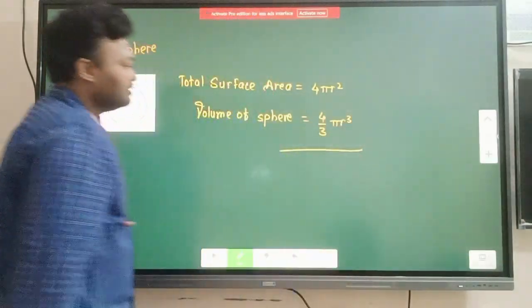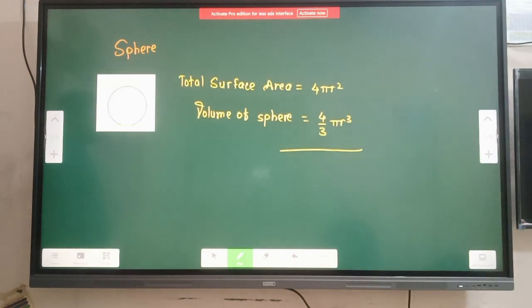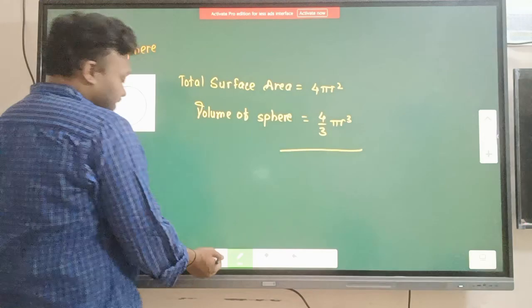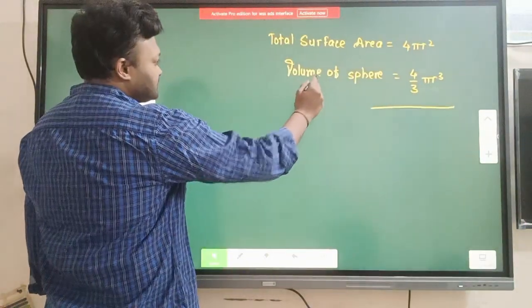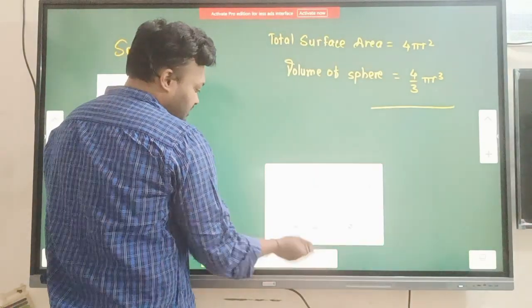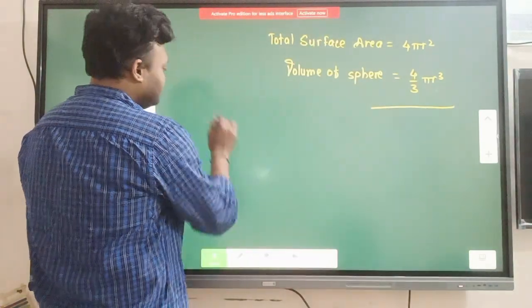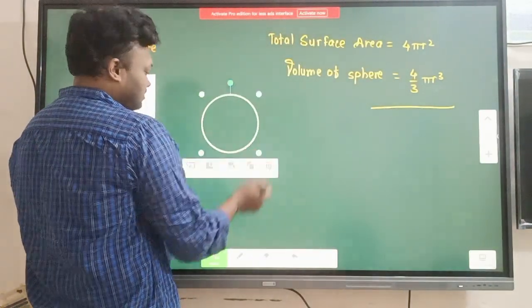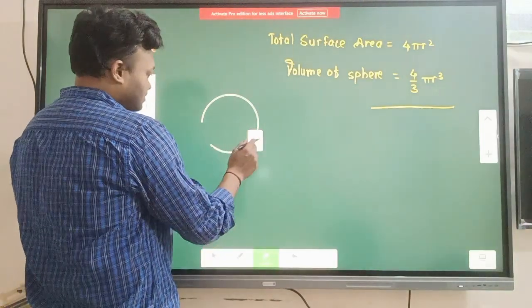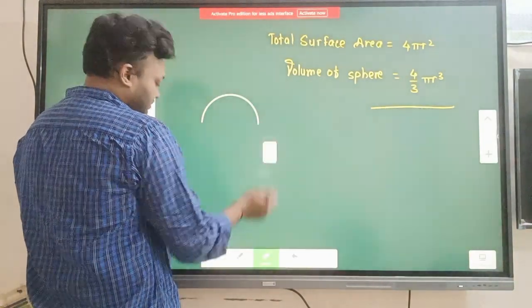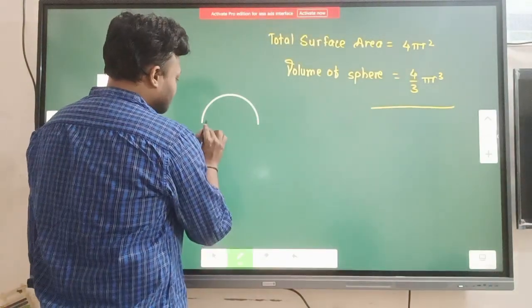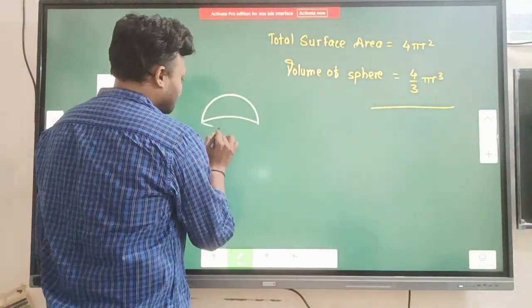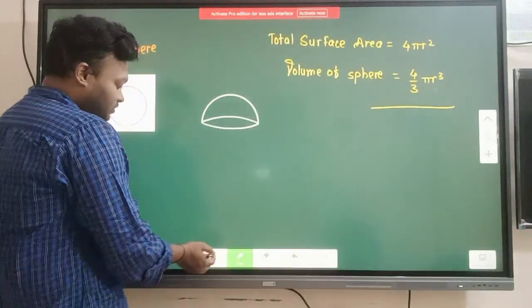So this is the total surface area and volume of a sphere. In multiple cases, instead of a sphere, they will give you a hemisphere.